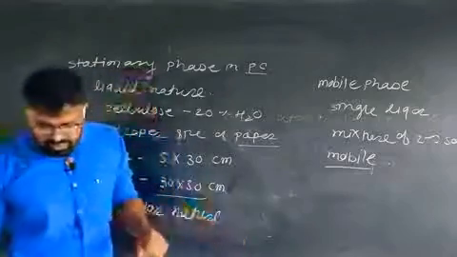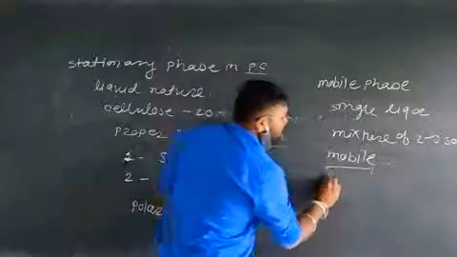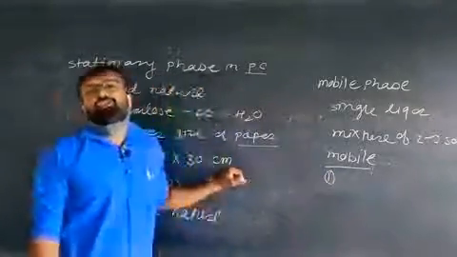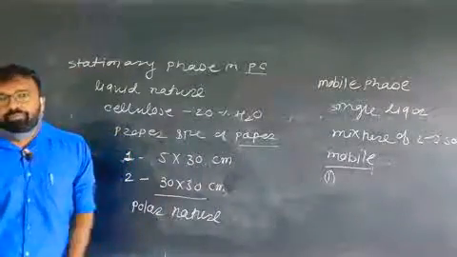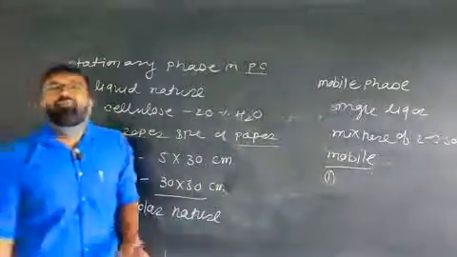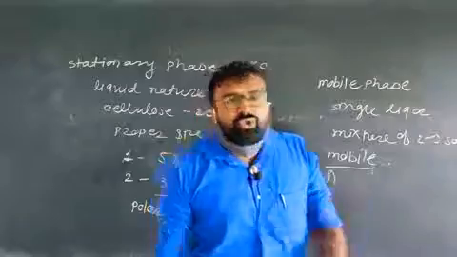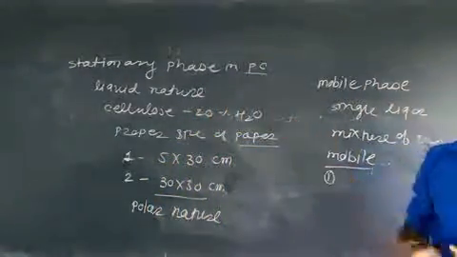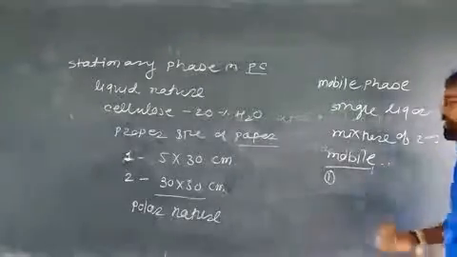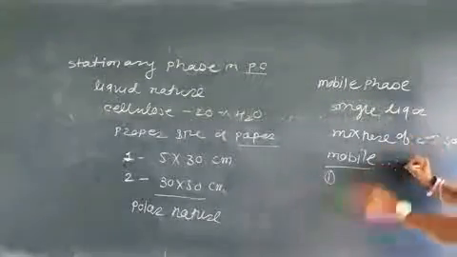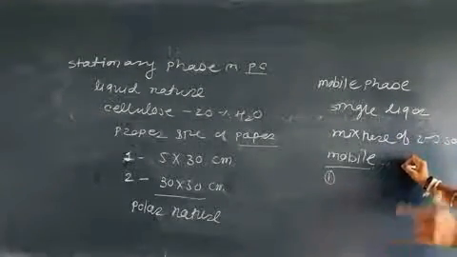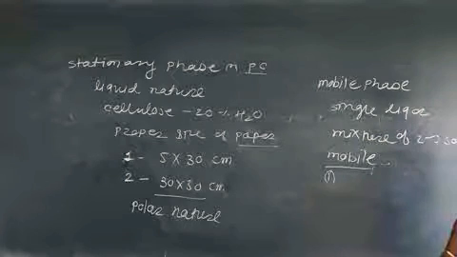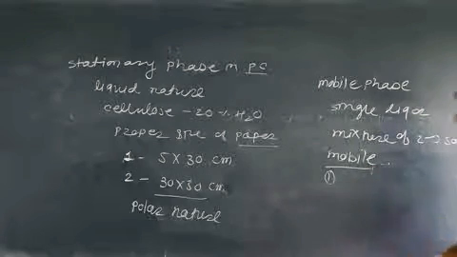Which are some characteristics? First, mobile phase composition should not be changed with time. That is, in mobile phase, you should use a constant composition during the separation of the whole paper chromatography. If a mixture of solvents is chosen, one of the solvents should not be highly volatile, so that the composition does not continuously change.